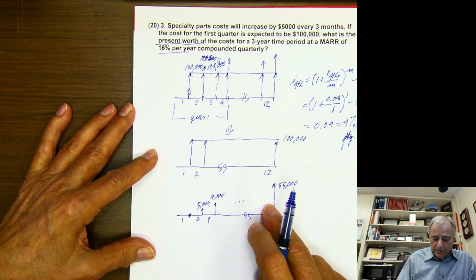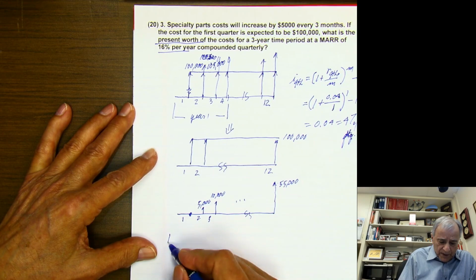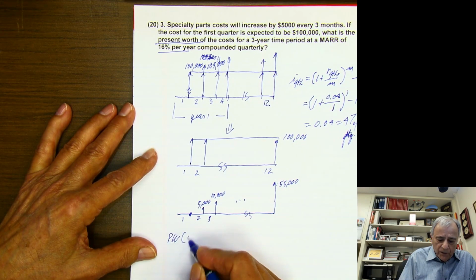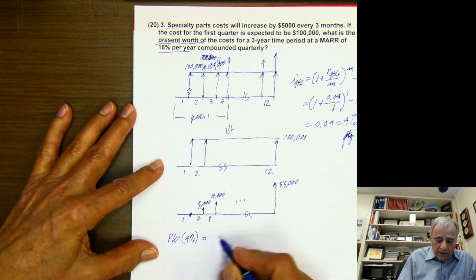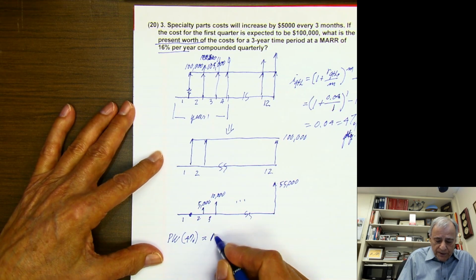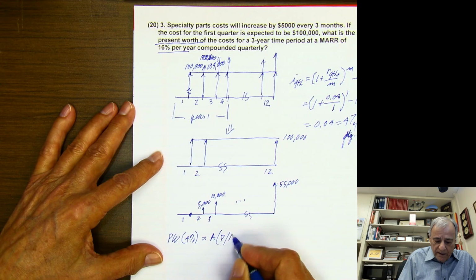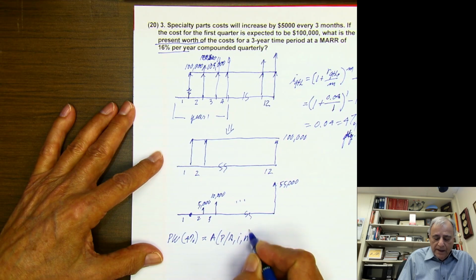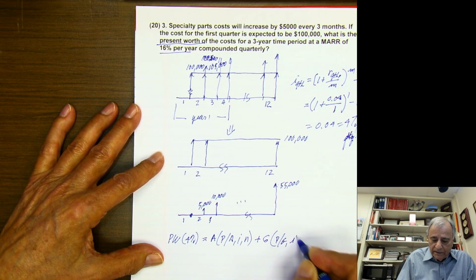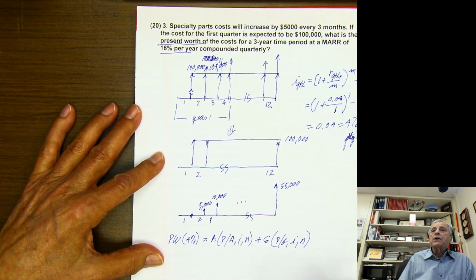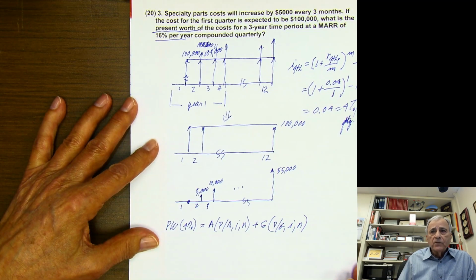This is the arithmetic gradient. So the present worth at 4% is equal to, well, starting with the uniform series, it's A, P given A, I, N. And then you've got an arithmetic gradient, G, P given G, I, N. That's the generic formula.